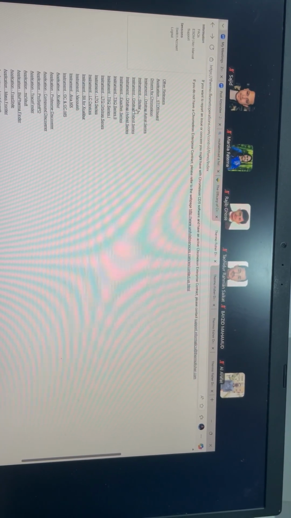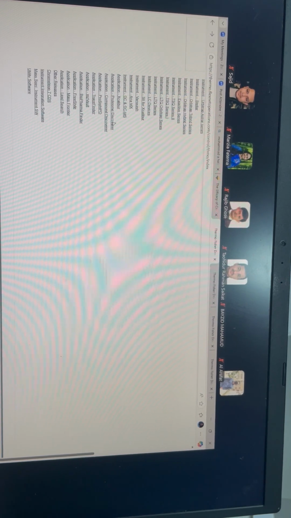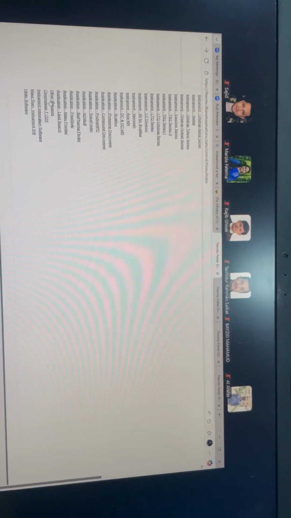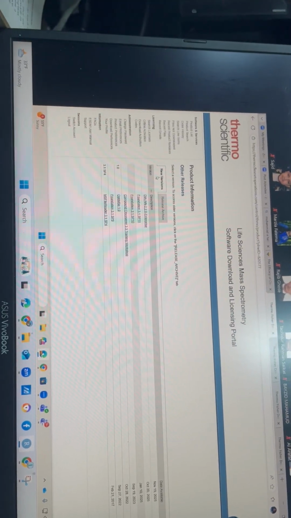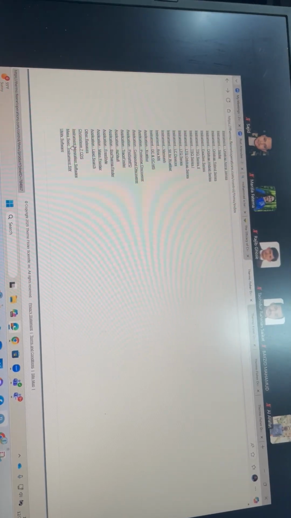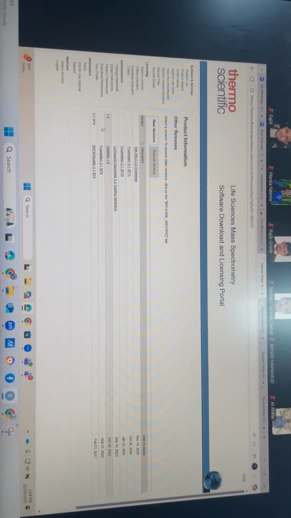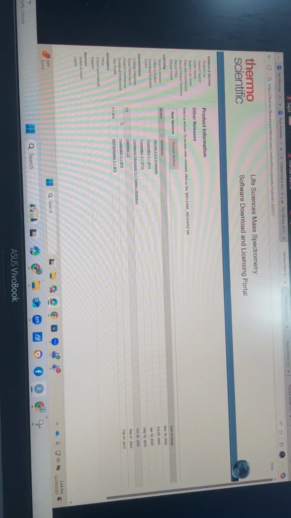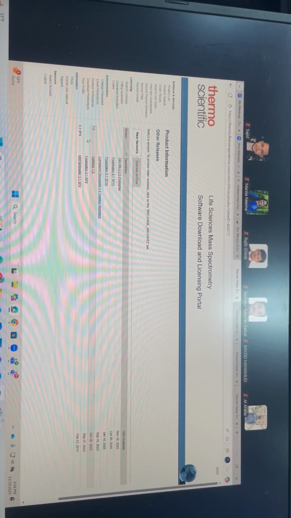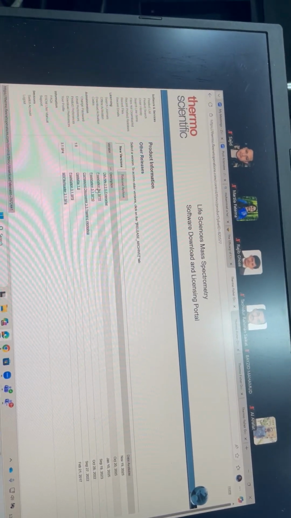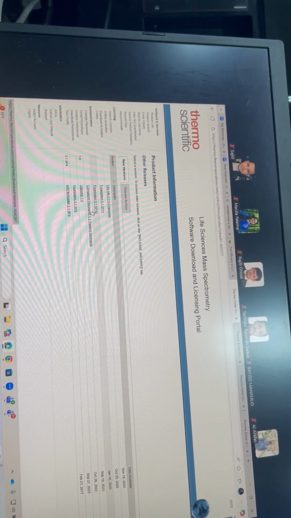So if you go to other releases, in any case that your Freestyle or Excalibur or Proteome Discoverer or Compound Discoverer software is having a problem and showing some error, or if it shows that you need to download Thermo Foundation, which is free software, then you need to download Foundation 3.1 or SP11 or 10, okay?